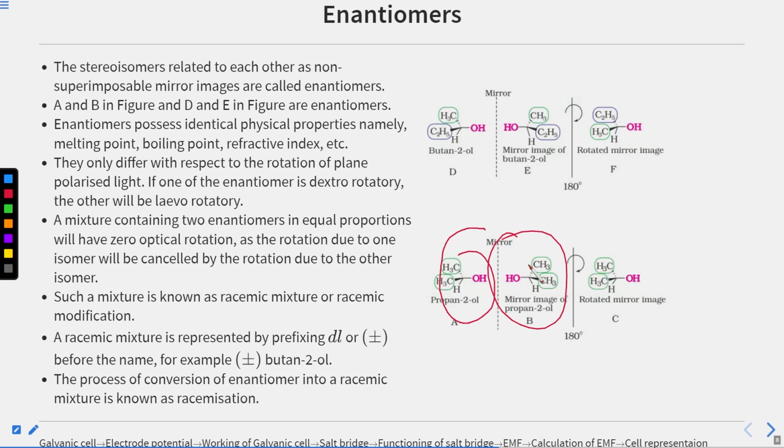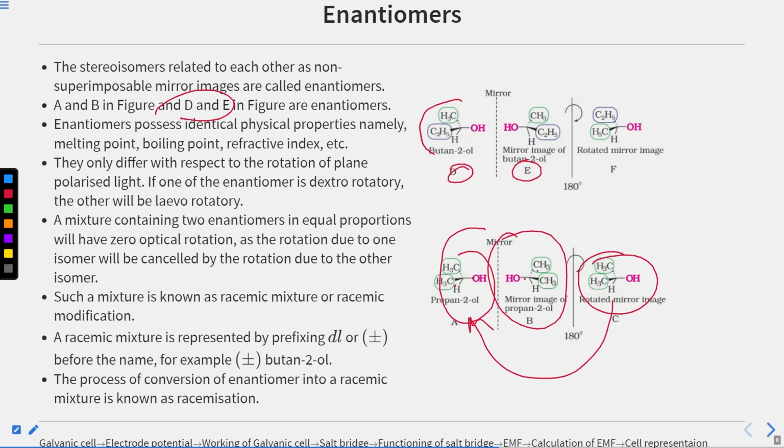Due to this reason, this and this are not enantiomers, while D and E are non-superimposable. How is this one superimposable? Suppose you take the mirror image of it, now just rotate it. Try to imagine that you are rotating this thing. If you rotate it by 180 degrees, you will get this thing back, which is equivalent to this one. Due to this reason, this compound is not optically active and it will not have an enantiomer.